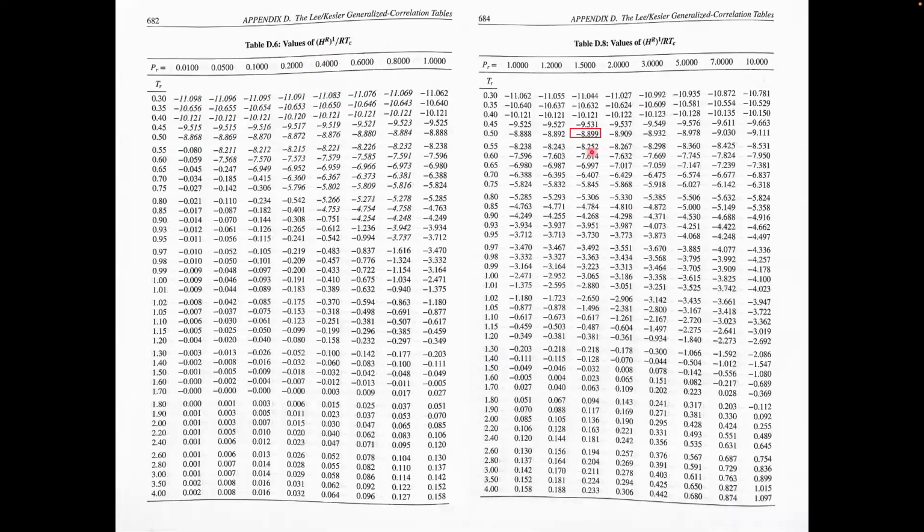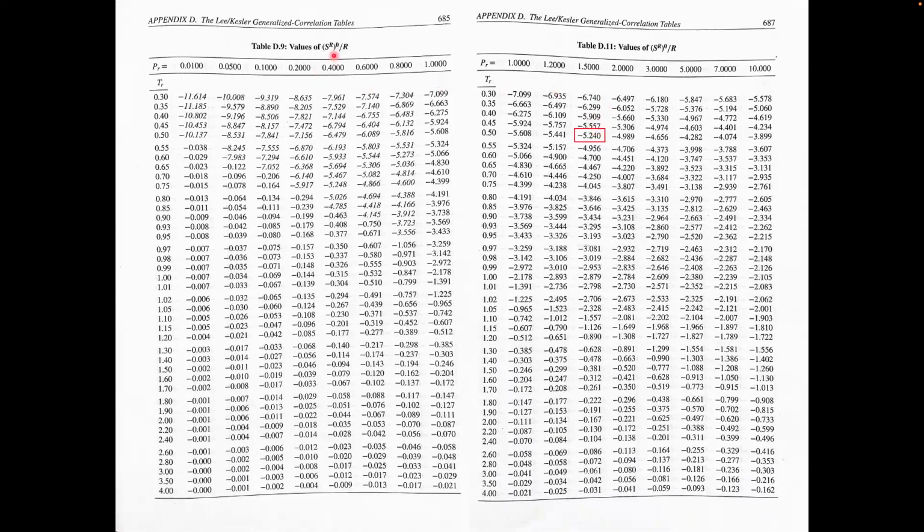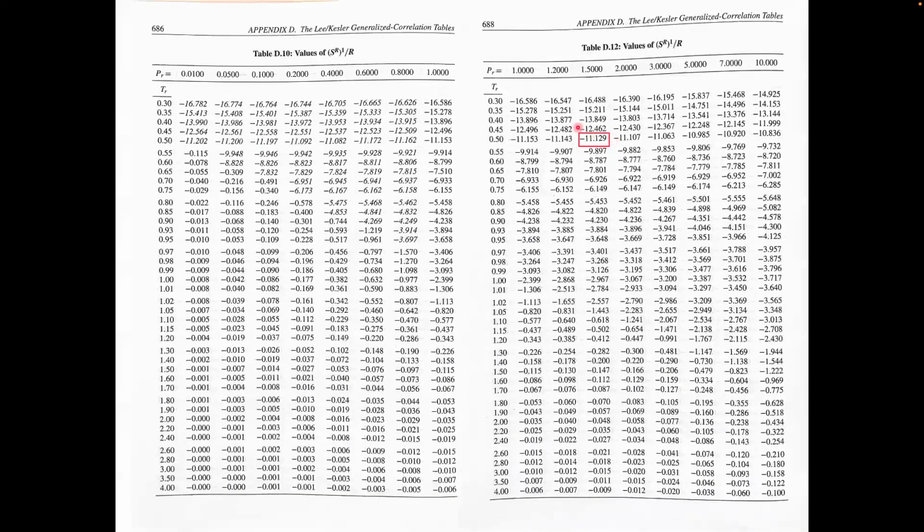And then same thing for HR1: same PR and TR, you look up this value. And then same thing for SR0, you look this up, and SR1, you look up. And then you plug back in to figure out the residual property.